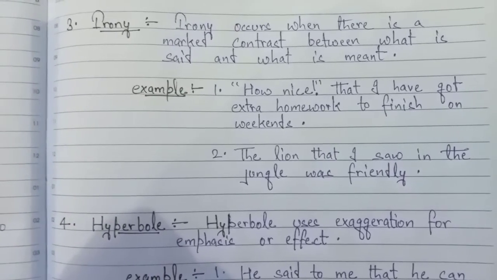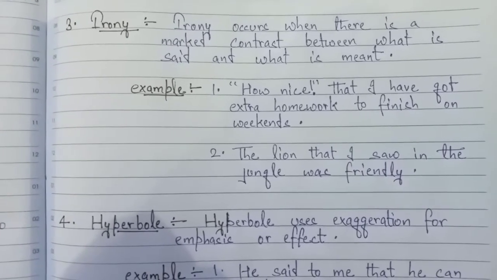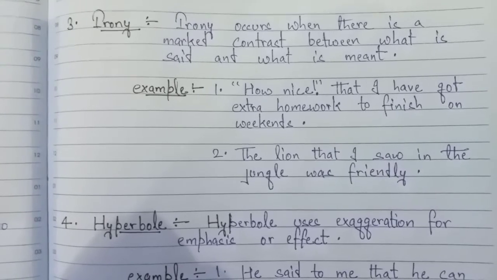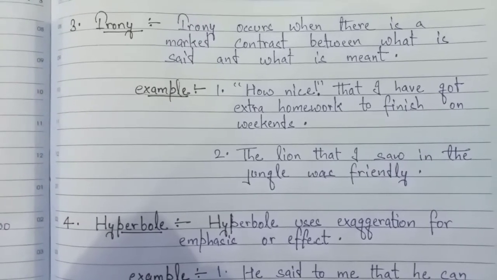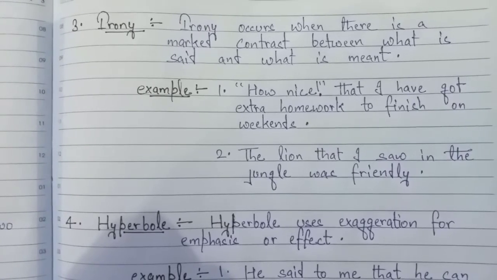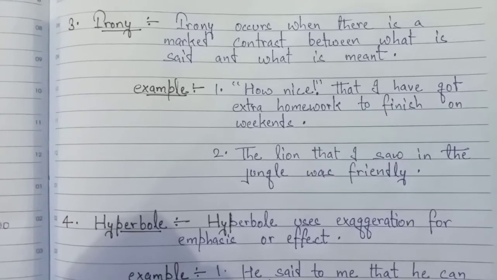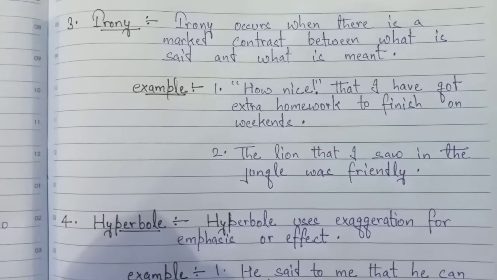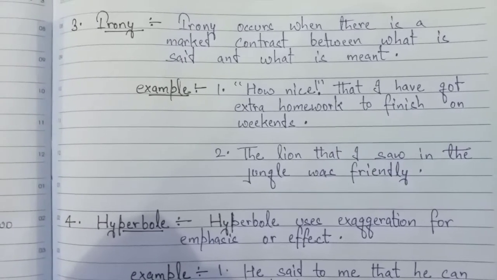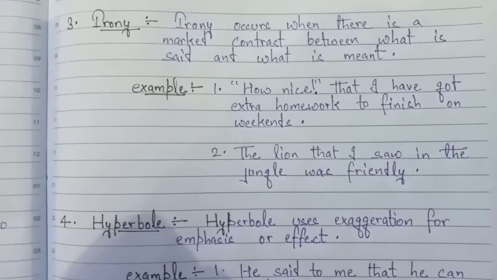There is actually a verbal irony in this sentence, because that person is saying how nice that he has got some extra homework to finish on weekends. So this means that that person's weekend is not exactly how he has planned. So yes, there is an irony in this sentence.